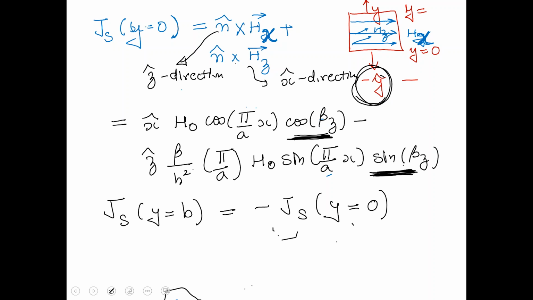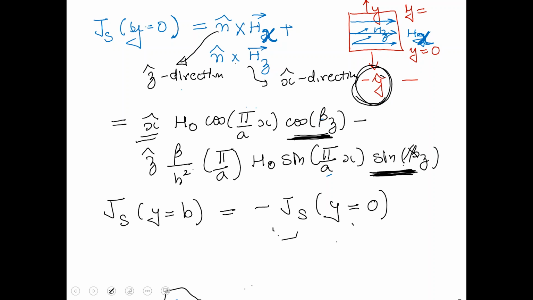So as I am going through my waveguide, you would now expect that as you're going forward, let's say when sine beta z is 0, at a specific value of z, the current is only flowing in x direction.